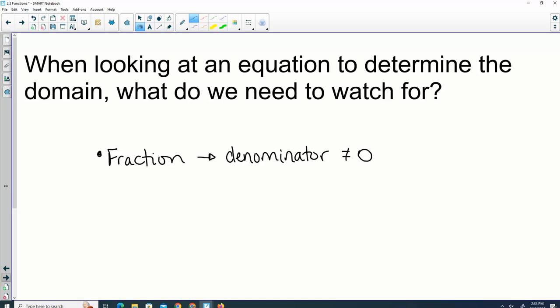Bottom of the fraction can't be 0. So in any fraction, the denominator can't be 0. And if we have even radicals, so I mean like a square root, fourth root, sixth root, so on, what has to be true if I want a real number?